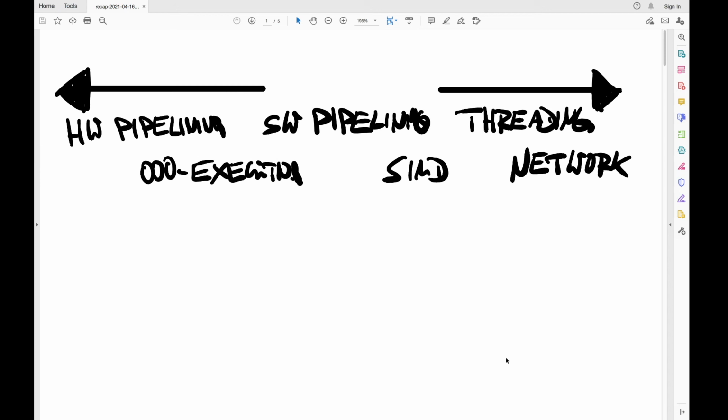Last time I showed you this illustration where we had this spectrum of different types of concurrency. We talked very intensively about software pipelining. Today, we will take a step back and talk very briefly about hardware pipelining and also about something that is called out-of-order execution.